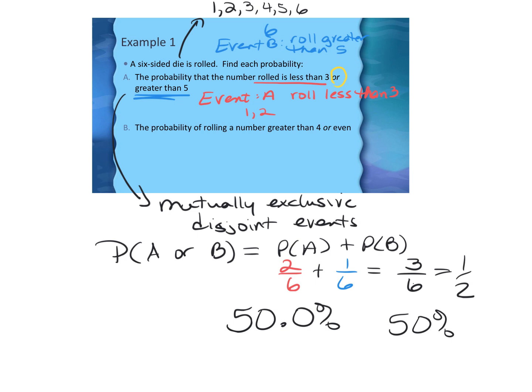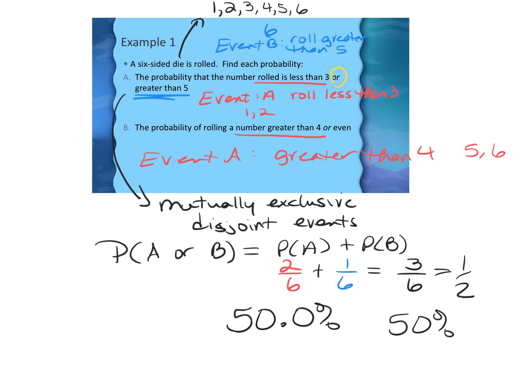Now let's try part B here, and let's define our events. So my event A is going to be rolling a number that is greater than 4. So event A, greater than 4. And those numbers that are greater than 4 are going to be the numbers 5 and 6.